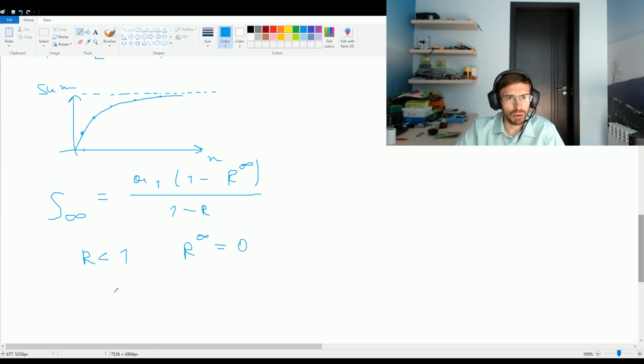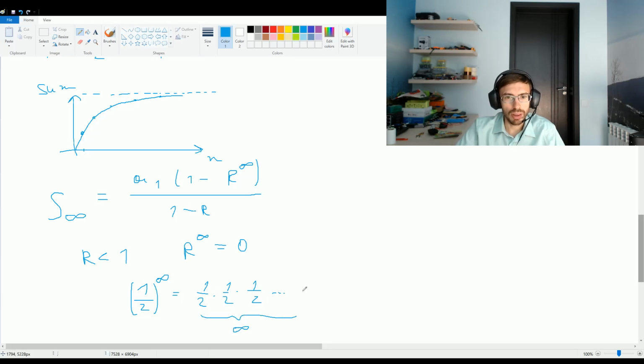Really, let's have a look. Let's take 1/2 and try to put it to the power infinity. It will be 1/2 times 1/2 times 1/2 and so on, an infinite number of times.